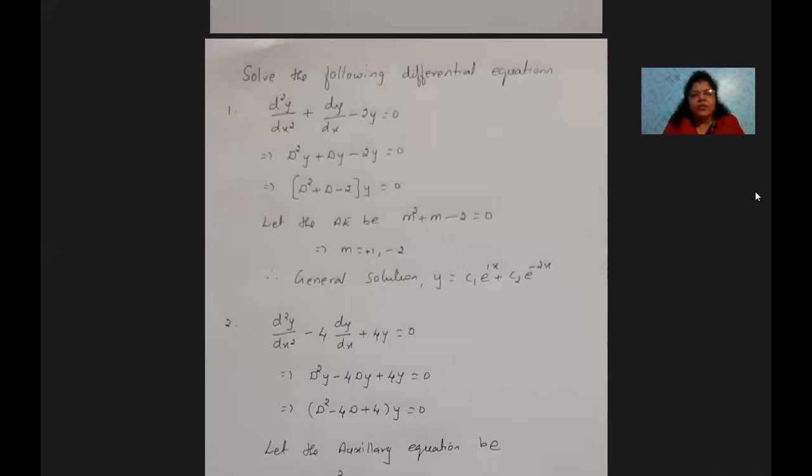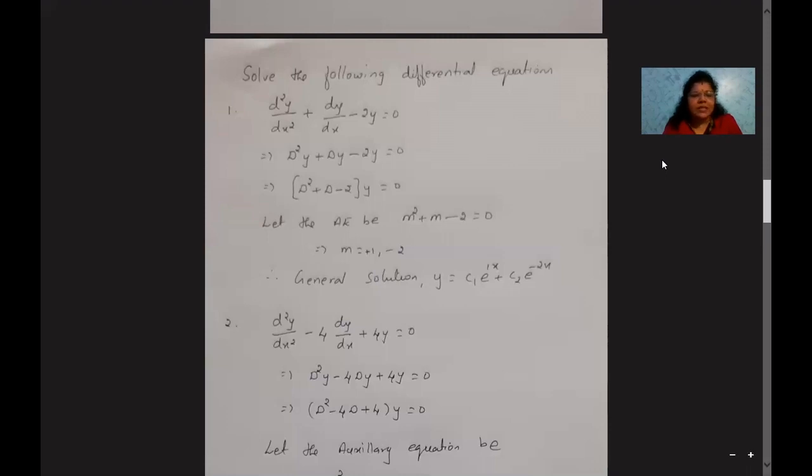First and foremost, we should write the small d square by dx square as capital D square, and d by dx as capital D. If higher order exists, d cube by dx cube as capital D cube, d power 4 by dx power 4 as D power 4, etc. Since problem number 1 has only a 2nd order equation, I am writing d square y by dx square as D square y, dy by dx as Dy, and minus 2y.